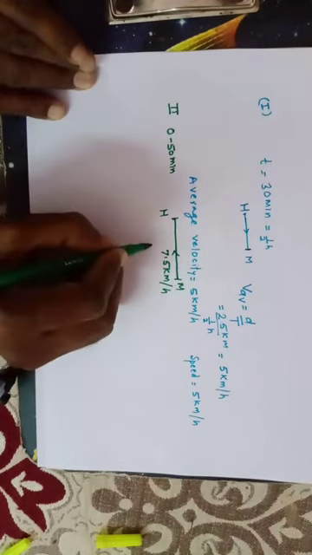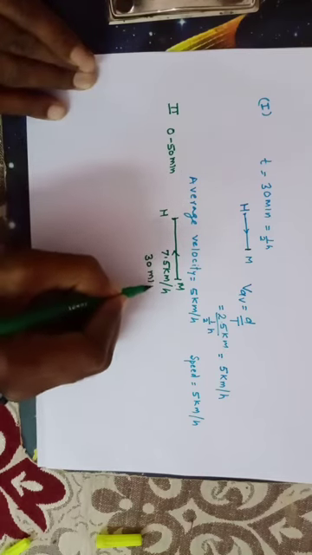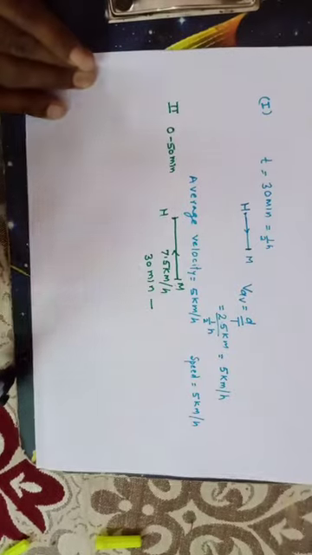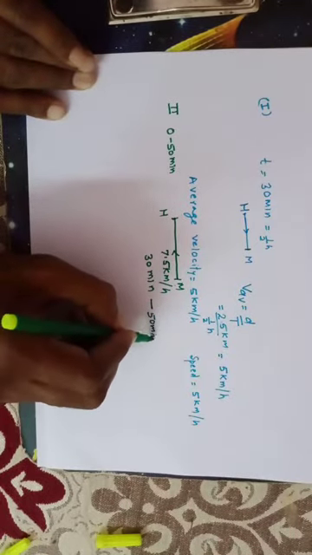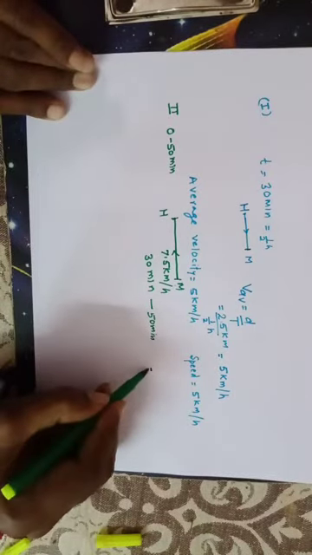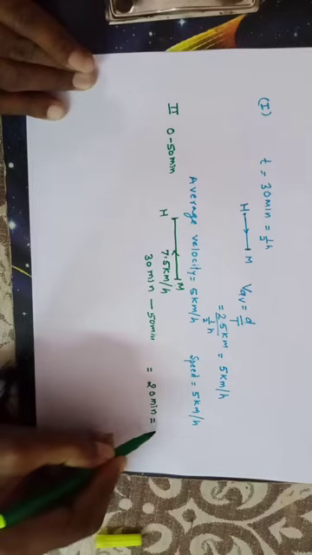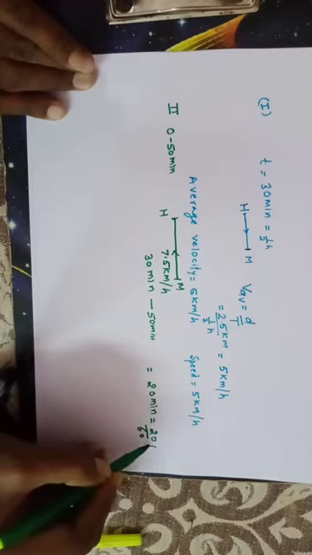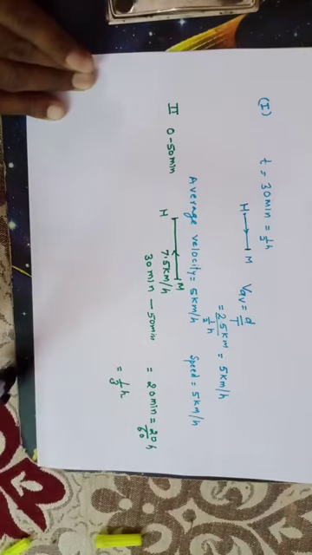So first we'll discuss 30 minutes to 50 minutes, and that will be equal to 20 minutes. And 20 minutes means 20 by 60 hour, that will be equal to 1 by 3 hour.